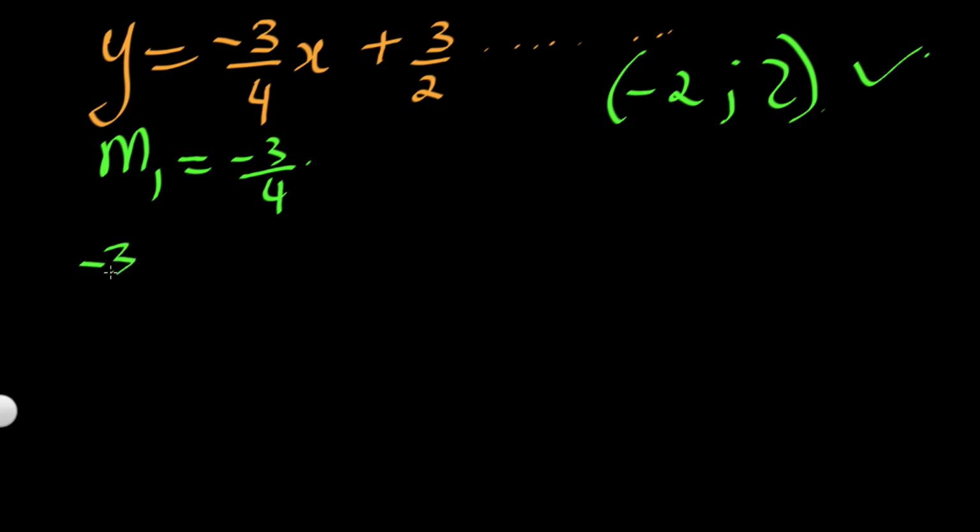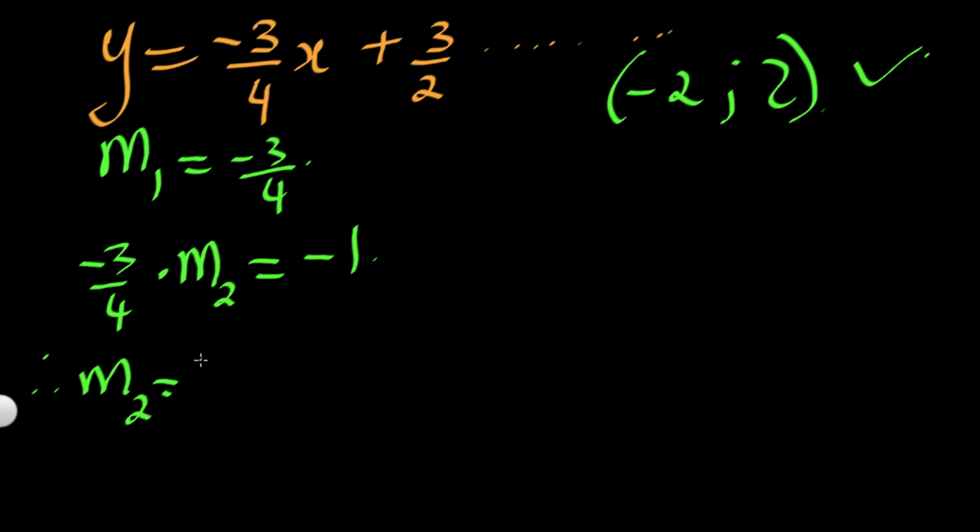So minus 3 over 4 times that gradient that we don't know, let's call it m2, should give minus 1. From here, we solve for m2. Therefore, m2, the gradient of this unknown line, is a positive 4 over 3.